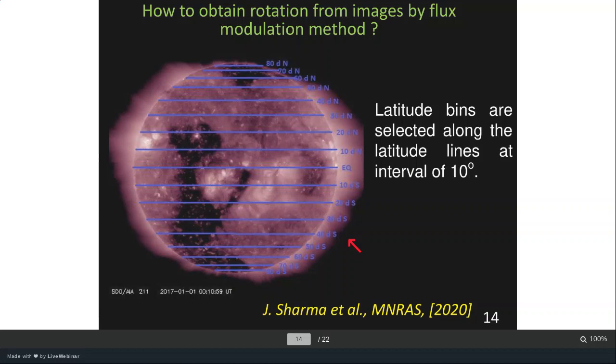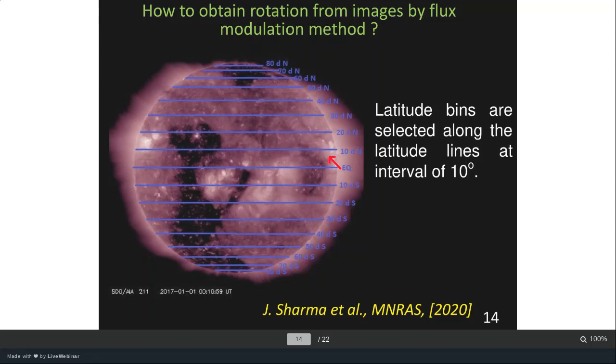This is our method, the flux modulation method. In this method, we make latitude strips on the selected latitude bins at an interval of 10 degrees. So this is the equatorial strip, which has the length of the entire pixels on the SFD, and its width is about 2 pixels.